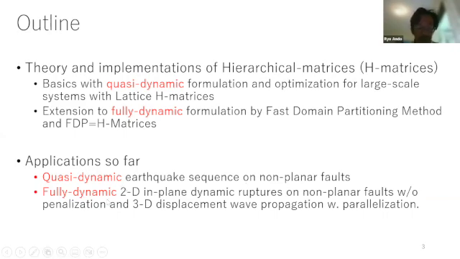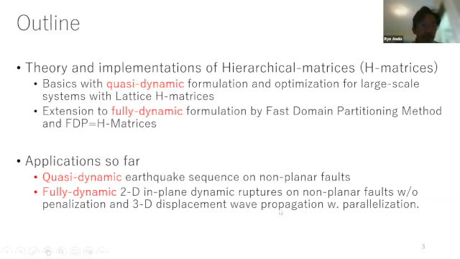For the fully dynamic cases, our current status is 2D dynamic rupture simulations on non-planar faults without parallelization, or polarization, I should say. And for 3D cases, our application so far is wave propagation, not rupture propagation. But this is implemented with very efficient parallelization.